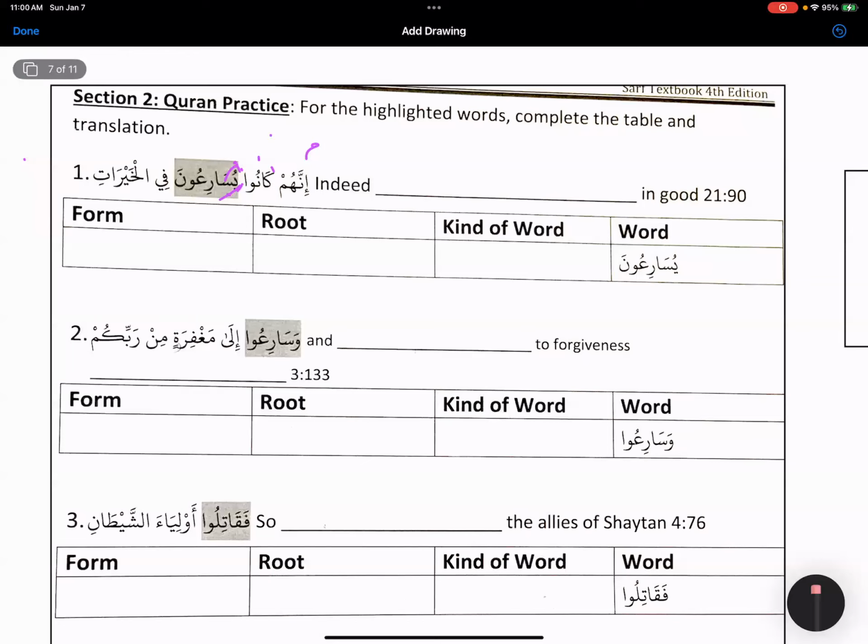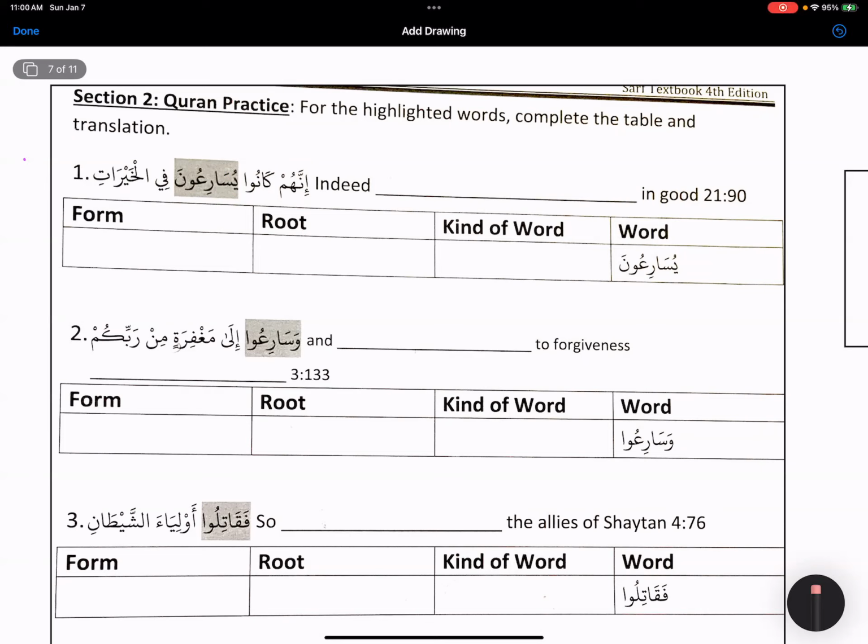That's what I mean. It says kind of word in the slide. What does it mean by kind of word? After the word Yusari'una, there is a kind of word, then there is a root and there is a form.